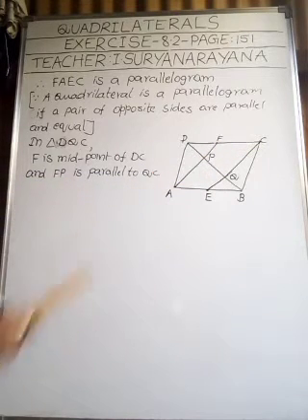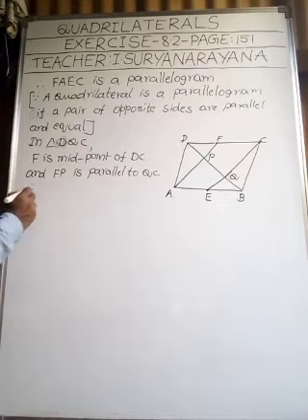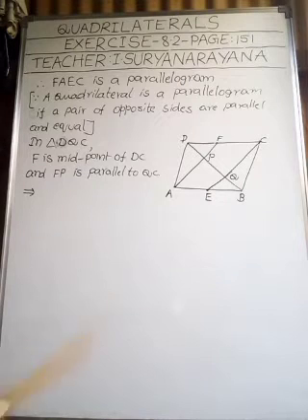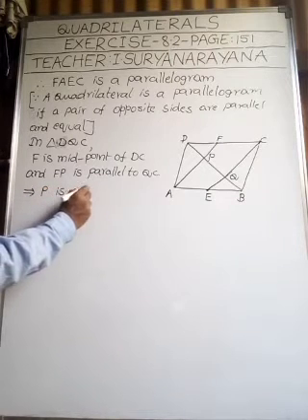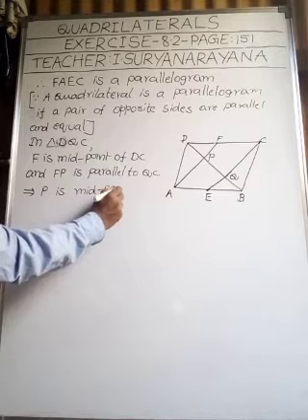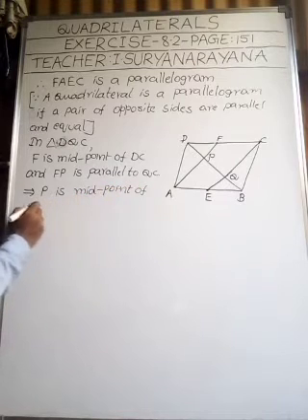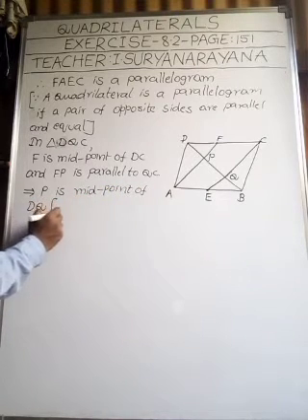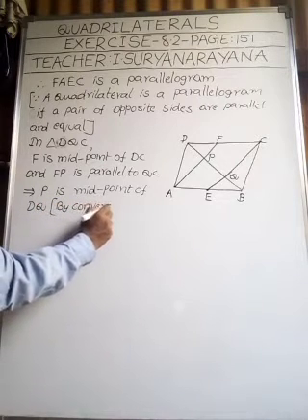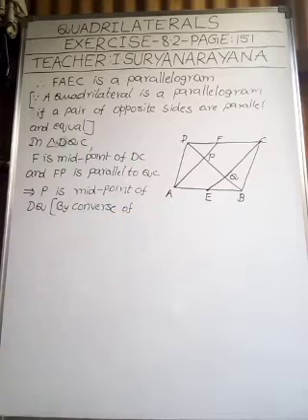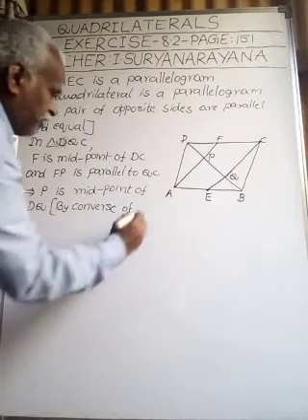Understood this step? This implies P is the midpoint of DQ by the converse of the midpoint theorem.